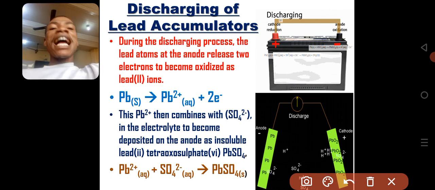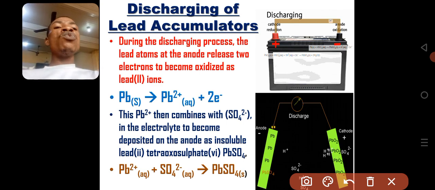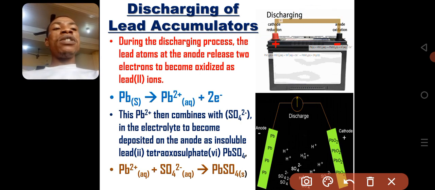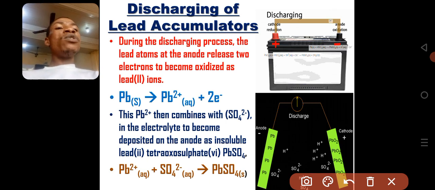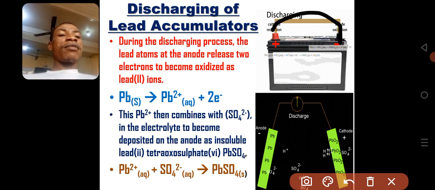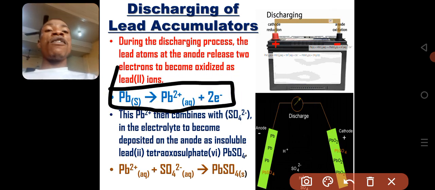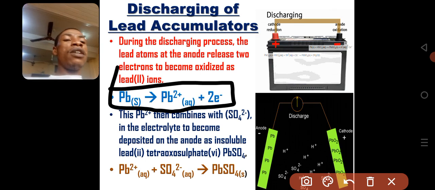So the lead anode, which is the negative side, loses 2 electrons, as you can see from the movement of the electrons here, to become lead-2 ion. That's the equation for the loss of electrons at the lead anode.